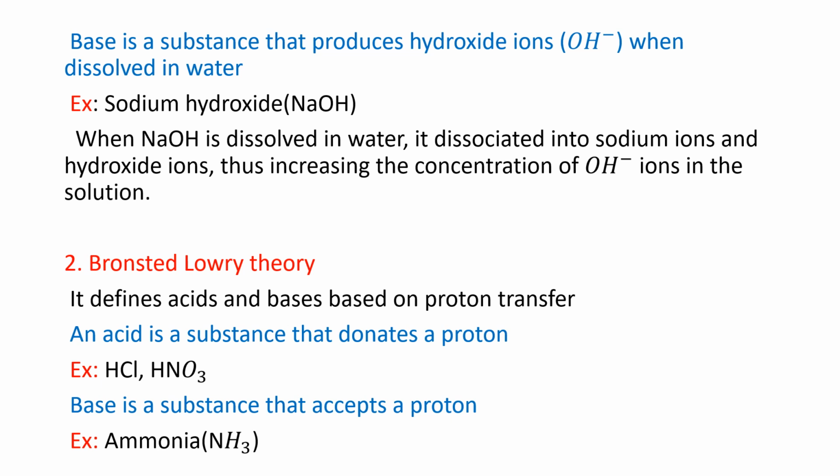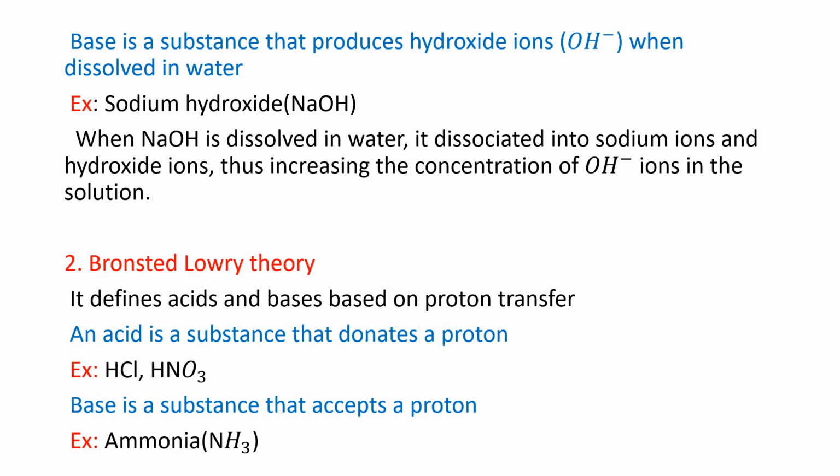Now, whatever this theory is, it's simple actually. It tells the acidic and basic nature when the substance is put in water, isn't it? Therefore, this theory has its own limitations. One important limitation is that this theory applies only in aqueous media.